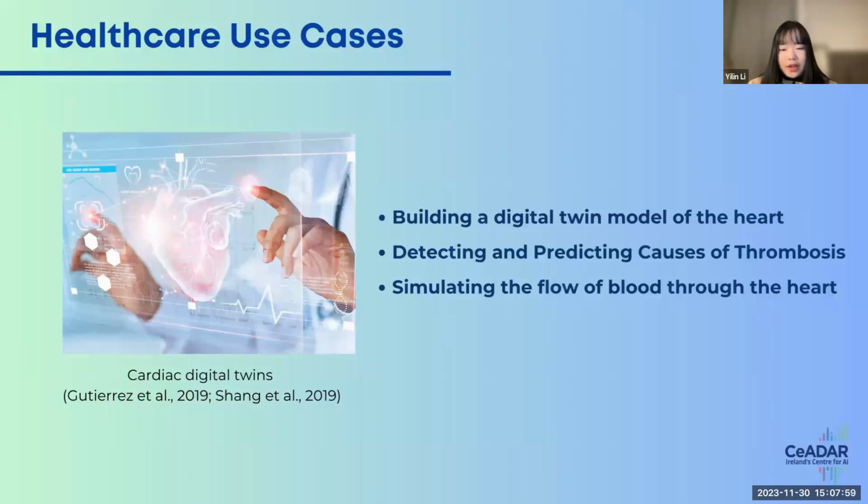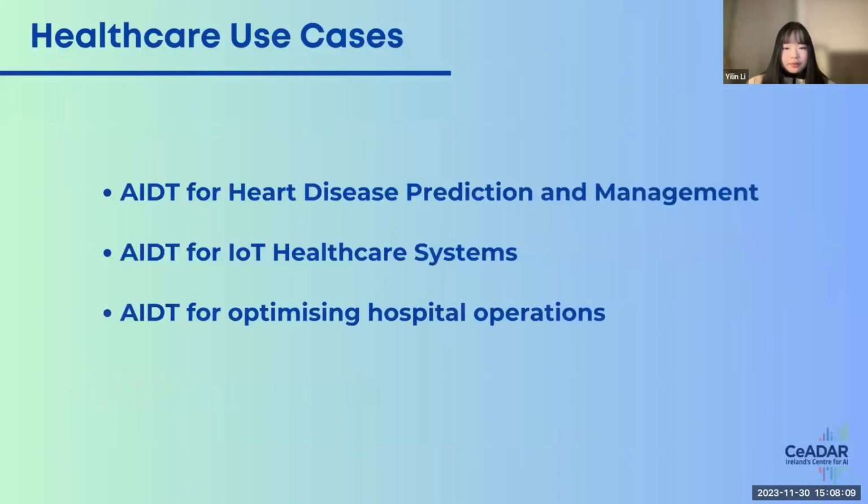Just imagine having a digital twin that allows a doctor to visualize your heart condition and make accurate predictions about your health. So by briefly introducing some real-world examples of AIDT in healthcare, we may now have some general understanding of the use of AIDT in health.